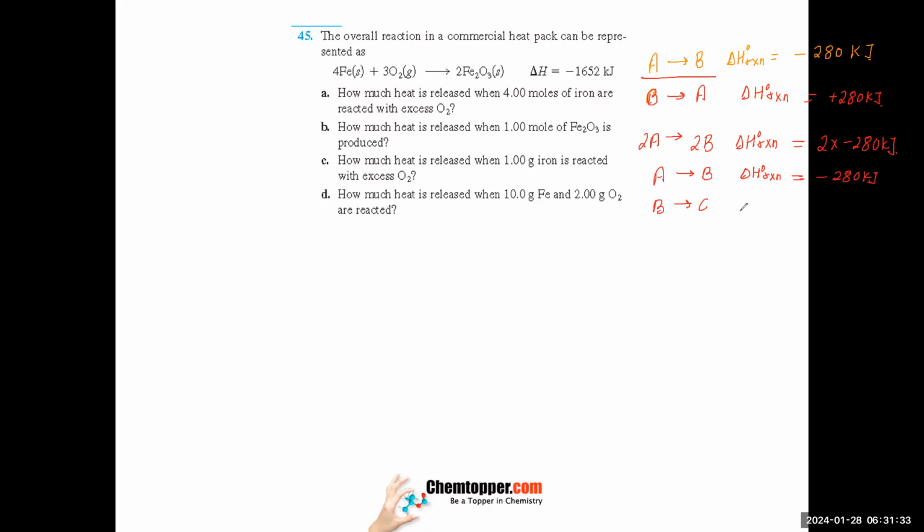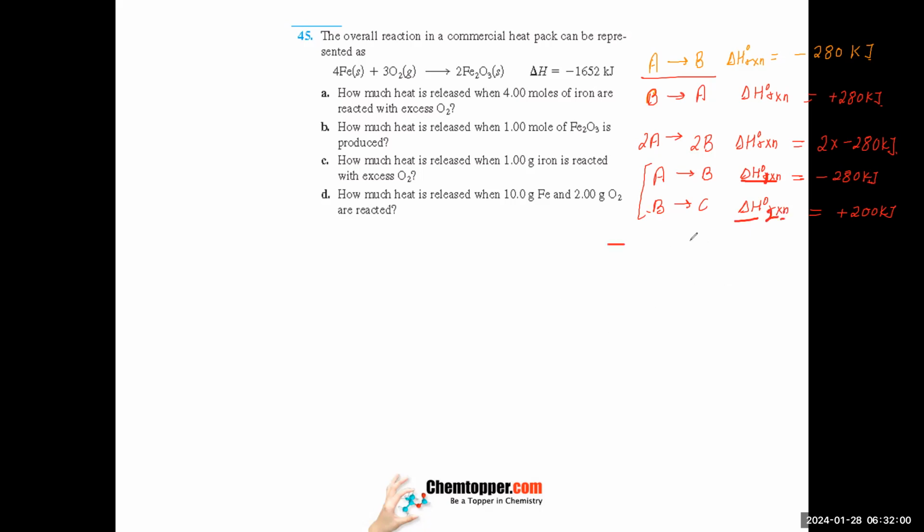But B to C, delta H naught reaction is plus 200 kilojoules. Two reactions. I've given you two reactions. Very important concept. Let's say the energy needed for reaction 1, this delta H for the first reaction, is delta H1. Let's say this one is delta H2, right?